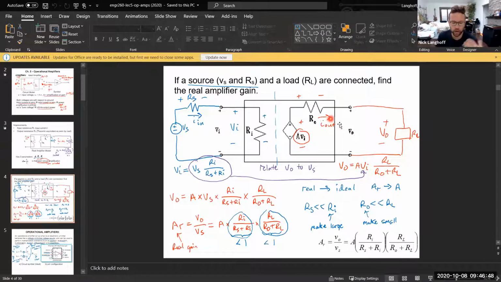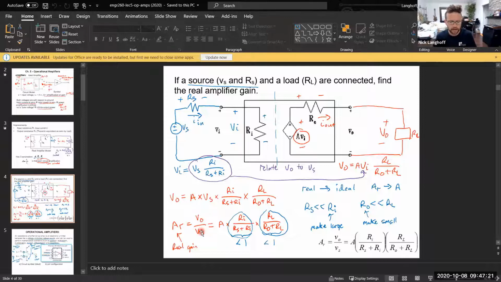If you're looking at the total gain of the system from Vout all the way to Vs, and you need to calculate that considering loading effects, then this is the formula to use. The real gain of the system is the output voltage delivered to the load as a ratio of the output voltage to the input voltage source, not the input to the amplifier, Vi. That input to the amplifier is actually going to be less than Vs, as we talked about.